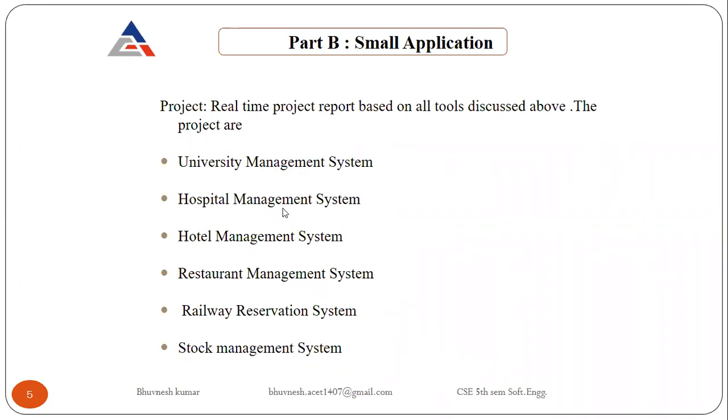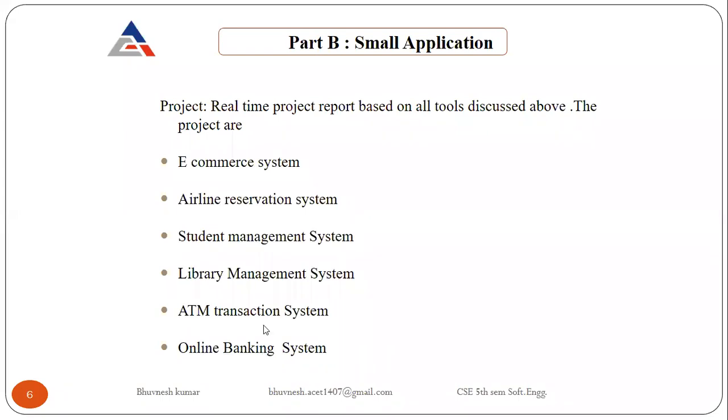Then there are other applications: hospital management system, hotel management system, restaurant management system, railway reservation, stock management. These are the examples. You can perform any of these applications, and you have to draw your DFDs and UML, and also prepare the SRS, that is the software requirement specification.